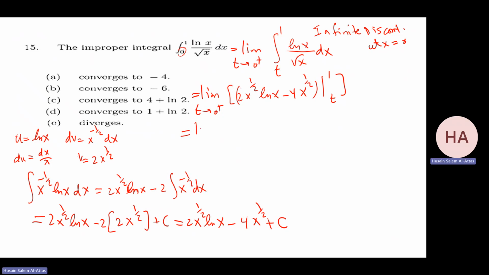At 1, it will be ln 1, 0 times 2, which is 0. So it's minus 4, minus, now I apply the t: 2t to the power half ln t minus 4t to the power half.